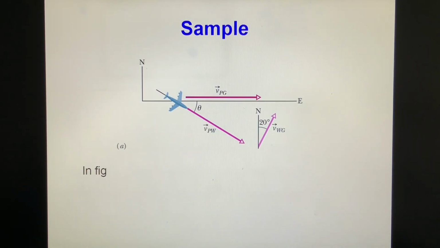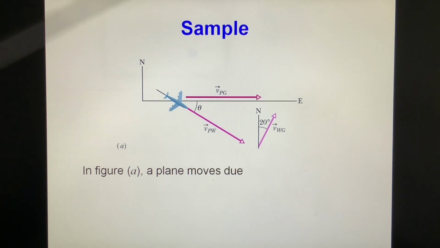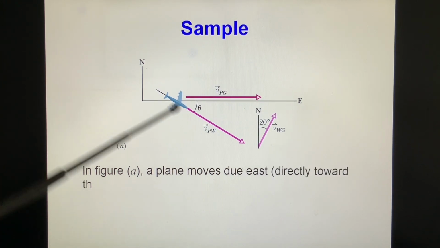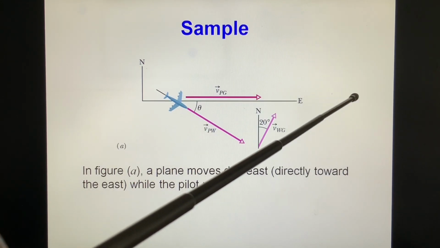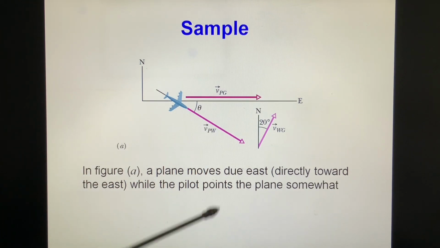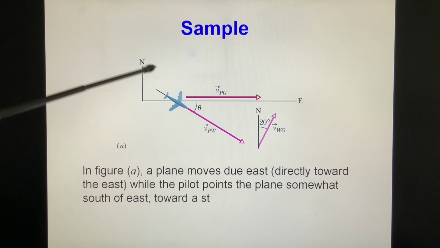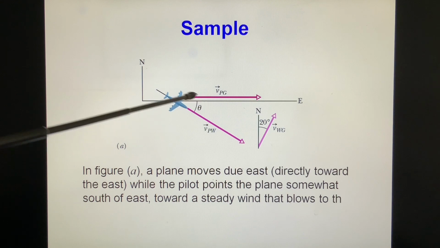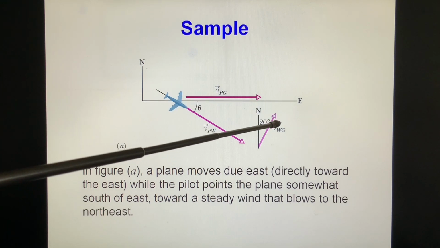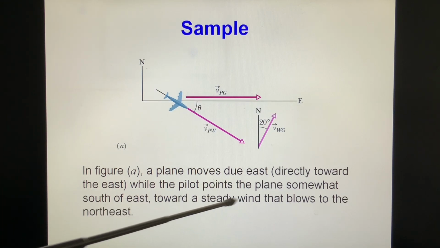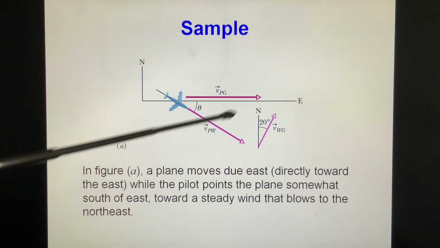Simple. In Figure A, a plane moves due east, directly toward the east, while the pilot points the plane somewhat south of east, because there is a standing wind that blows to the northeast.